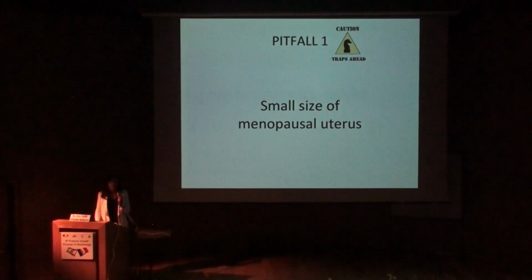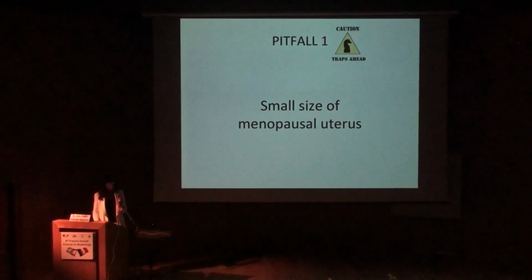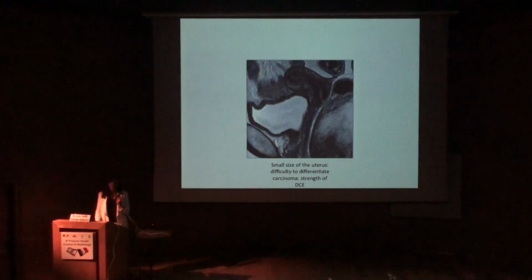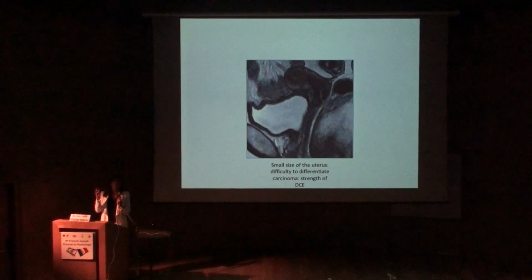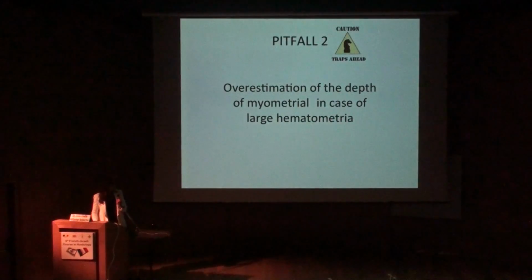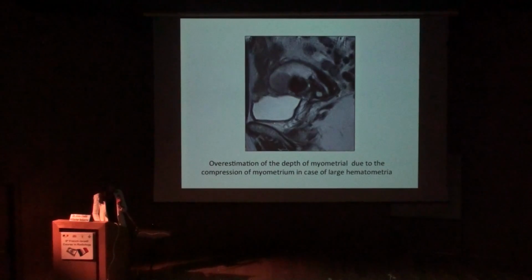There are some pitfalls because in this population the uterus is often small, and it's sometimes difficult to differentiate the lesion from the myometrium. It is the first pitfall. Sometimes you have an overestimation of the depth of myometrial invasion when you have a large hematometria.